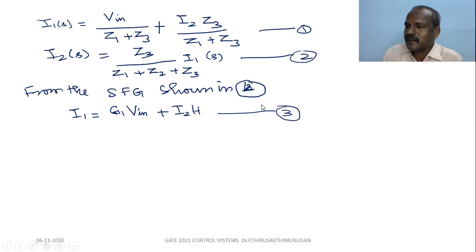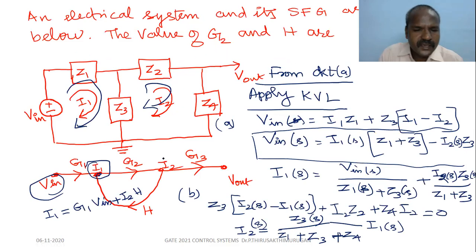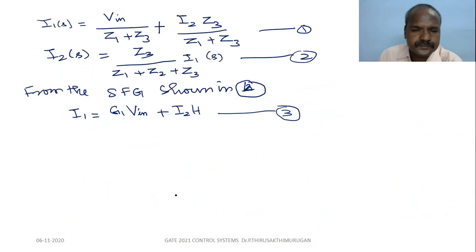What is I2? I2 of S is nothing but G2 into I1, since I1 comprises everything and is the input to G2.